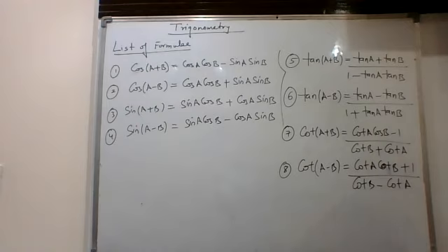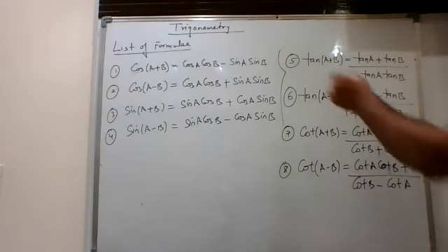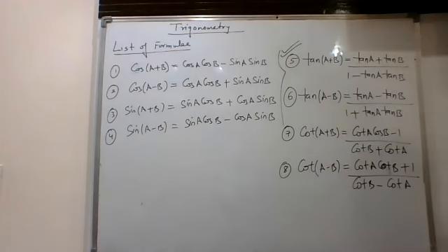Okay, now let me tell you how to prove these formulas also using these first 4 formulas. Let me tell you the proof of number 5, and similarly you can prove the other formulas yourself. You can just make a list of these formulas quickly.